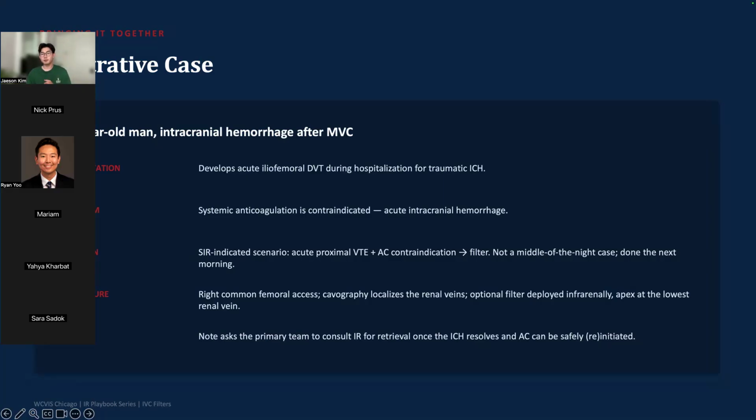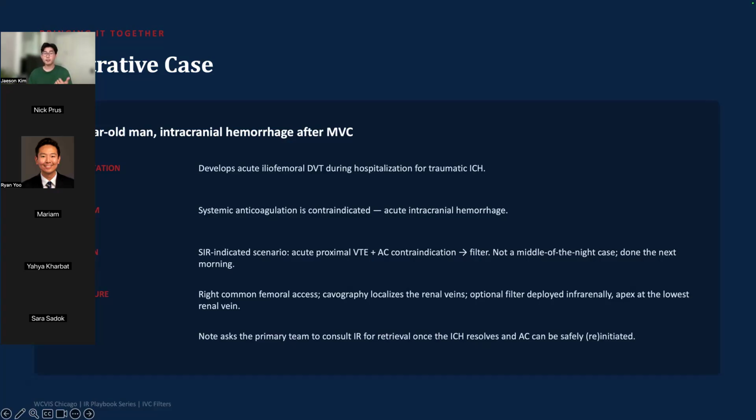He has a serious leg clot and he absolutely cannot be given blood thinners because he has that active bleed in the brain. If we check that with our guidelines, this is the clearest possible reason for an IVC filter because this is an acute clot plus an inability for the patient to be on blood thinners. This isn't even a gray zone type of case.